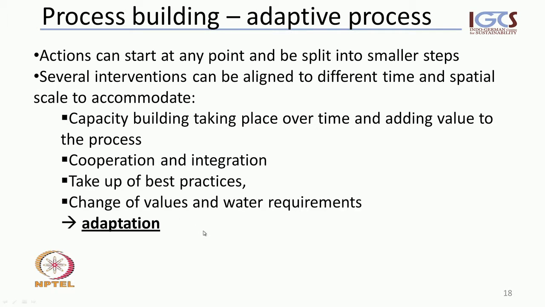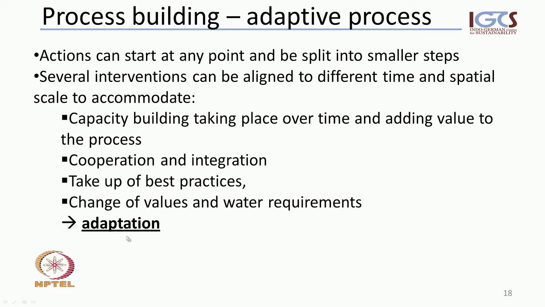It should also include changes in values and changes in water requirements as water saving technologies become available, water allocation principles are implemented, and polluter pays principles become accepted and implemented.